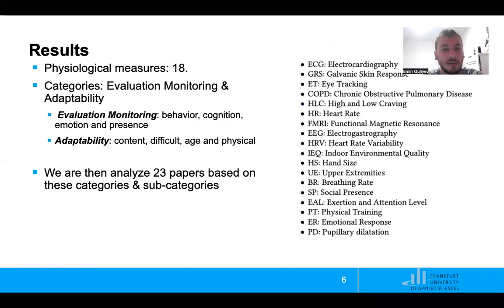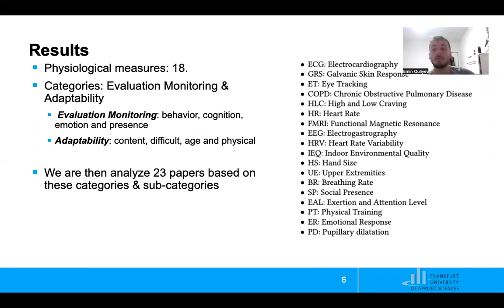Thank you for invitation, and thank you for great explanation, Harman. Now I will talk about results, our results. In our results, we got 18 physiological measures. In this list, we have all these 18 physiological measures, starting from electrocardiography, finishing pupillary dilatation.